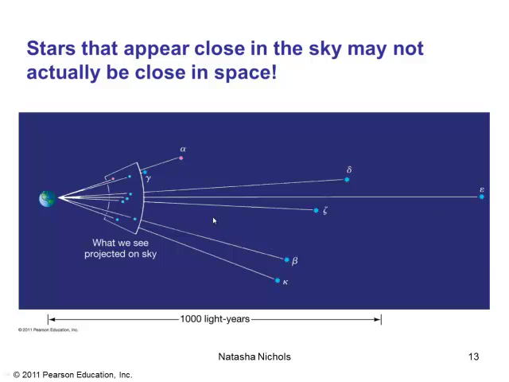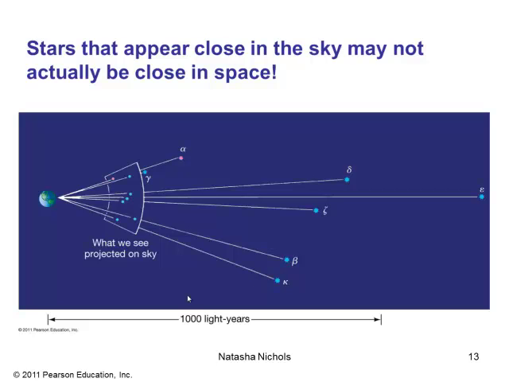So here is what we see projected in the sky that looks like the hunter, but in reality, here are the true locations of the stars that make up this constellation. So you can see why we talk about constellations being meaningless, because the true location of the stars may not be anywhere near each other. This is the true three-dimensional relationship among the most prominent stars in Orion.